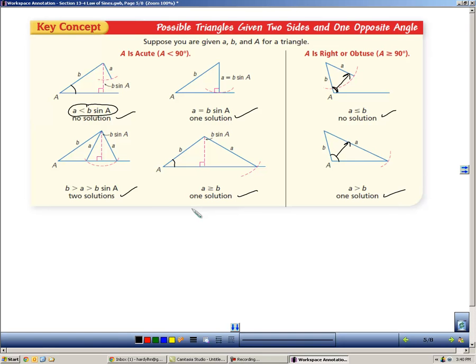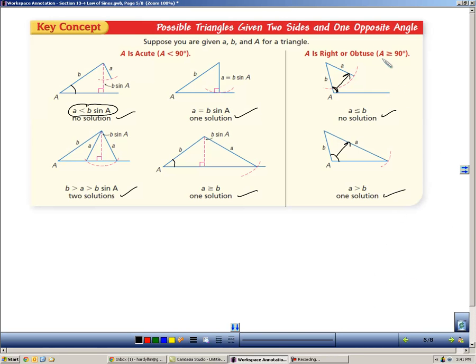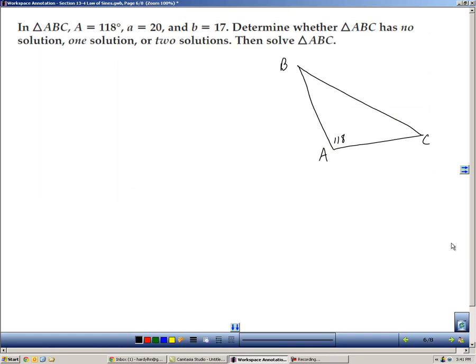So here's an example of a triangle ABC, and the angle that we're given is an obtuse angle. This is going to be a bad sketch, but I'm going to sketch it anyway. Something like this, where we're given that angle A is 118 degrees. So because it's obtuse, I want to go back to my chart here, and I'm looking to see if the side across from it is smaller than the other side or bigger, because that's going to tell me if I have no solution or one solution.